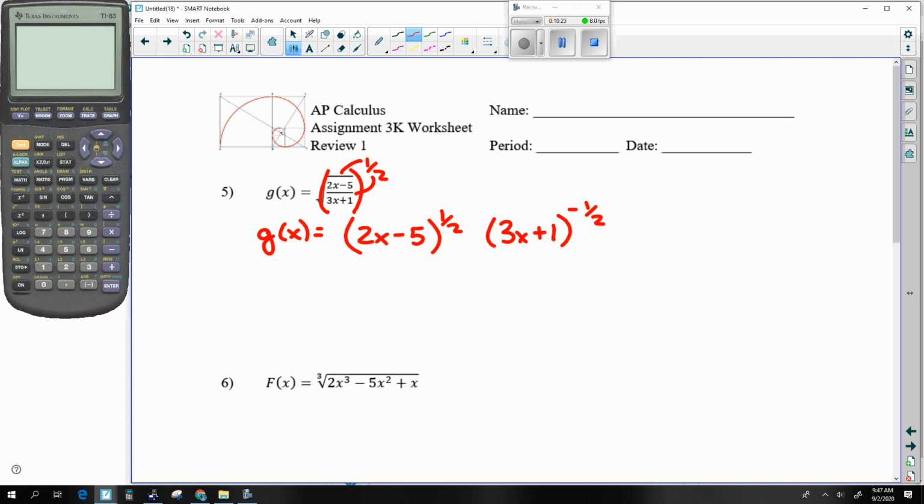All right, so here I'm going to have to do two things. I'm going to have to do the product rule, because this is a u and this is a v, and they're multiplied. All right, so when I do the product rule and I get a u prime v plus a v prime u, when I do this, like for instance, this u prime, notice that that would have to still include the chain rule.